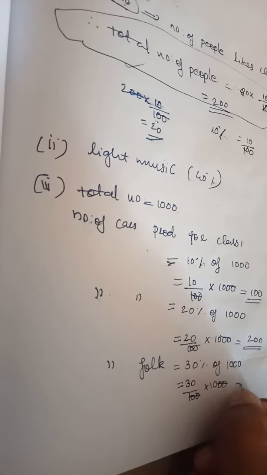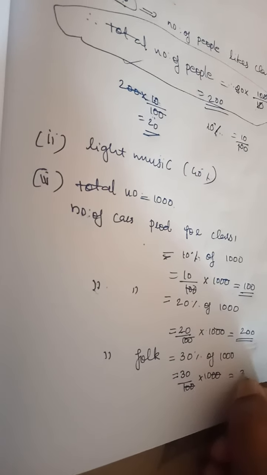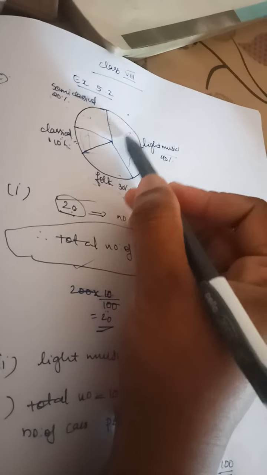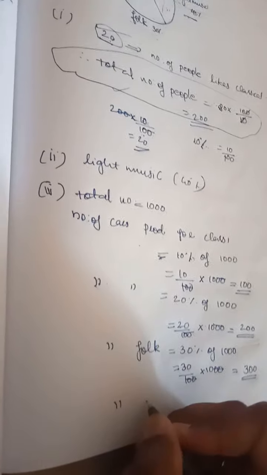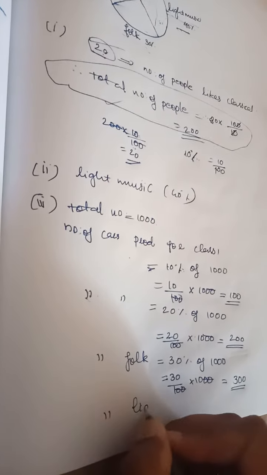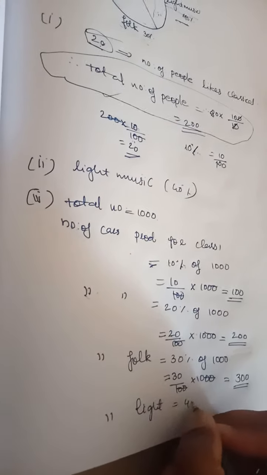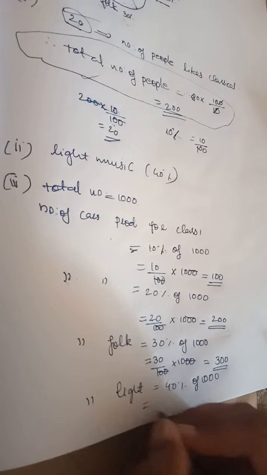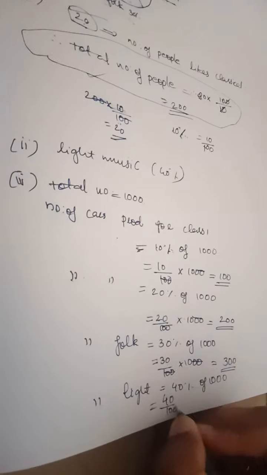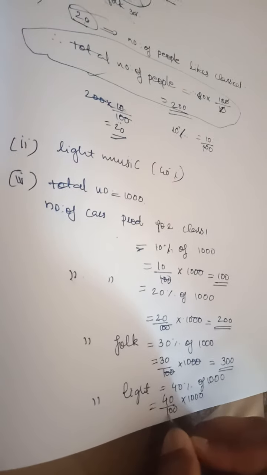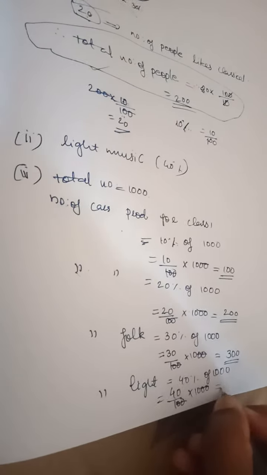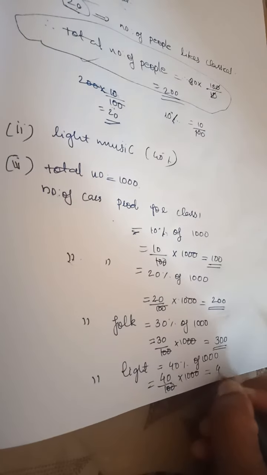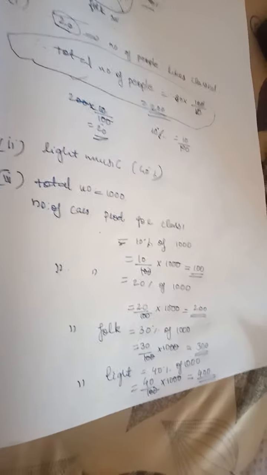Cancelling the two zeros, 30 into 10 we get 300. Next is the number of cassettes produced for light music. The percentage here is 40%, of the total 1000. So 40 divided by 100 into 1000. Cancelling the two zeros, 40 into 10 is 400.